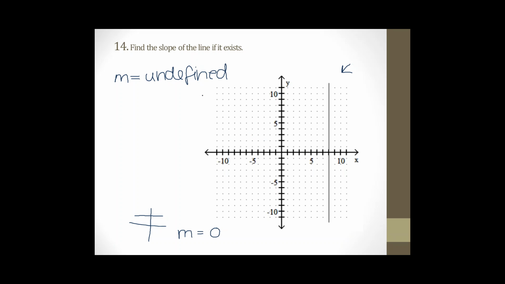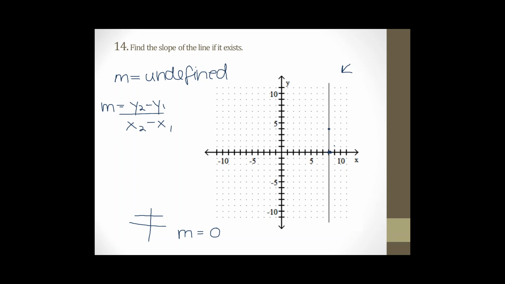And to know why this is undefined, remember that the slope formula is y2 minus y1 over x2 minus x1. So you can randomly pick 2 points on that line, for example this point and let's say this point.